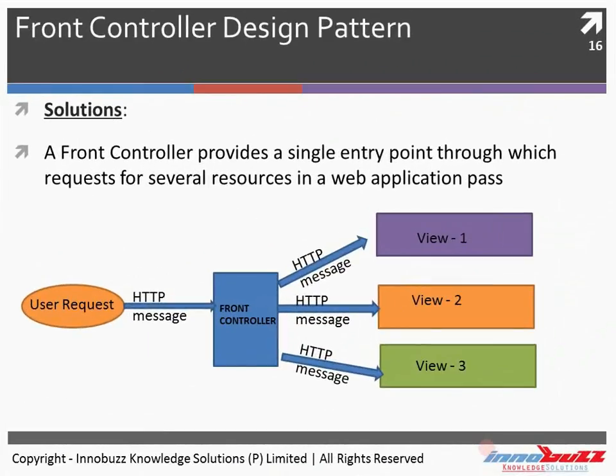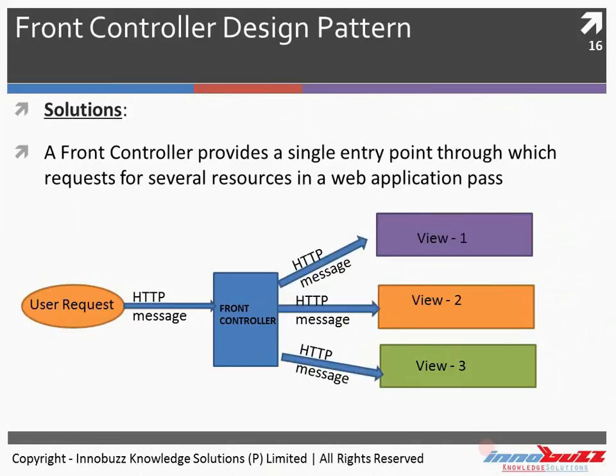And finally, for all those scenarios, you have the solution, and that is the front controller design pattern, which provides a single entry point through which all the requests for several resources in a web application pass.